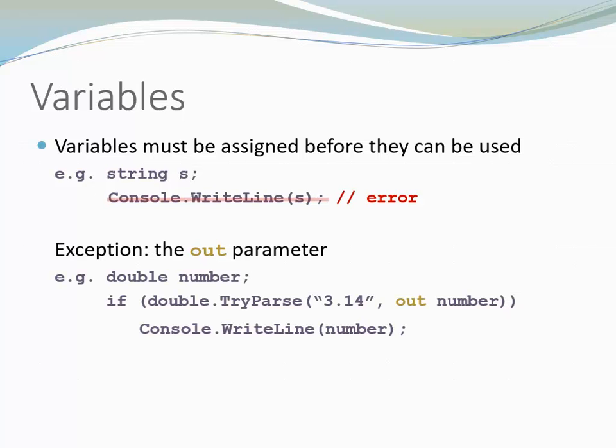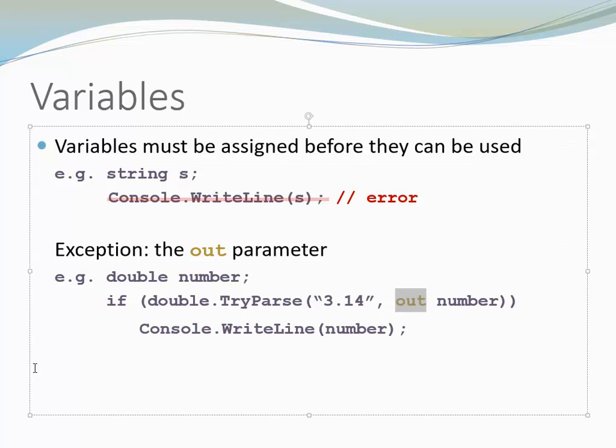There is one exception, and this is the out parameter. The out parameter has the keyword out both in the method declaration and also in a method call. It allows us to pass a variable that has been declared but not initialized. The out parameter guarantees that the parameter passed will be assigned before it is used in a method and before it is returned.